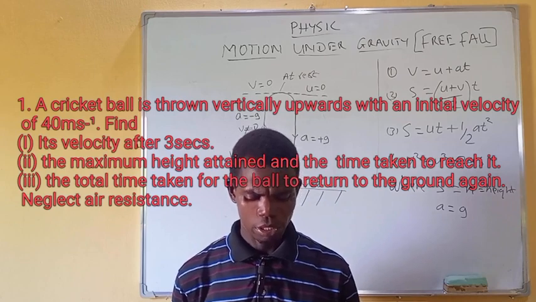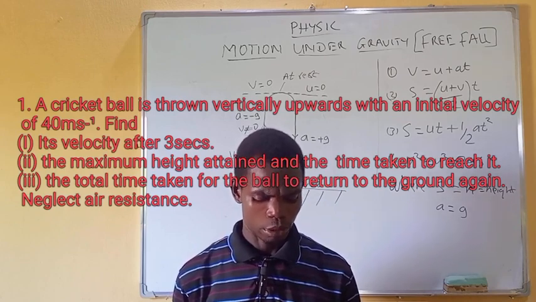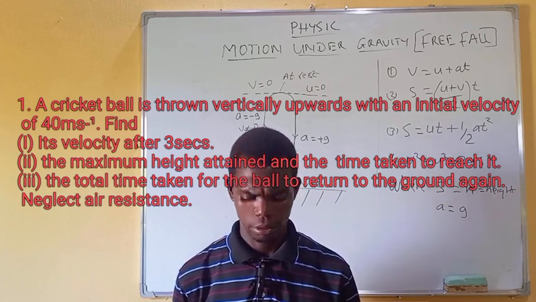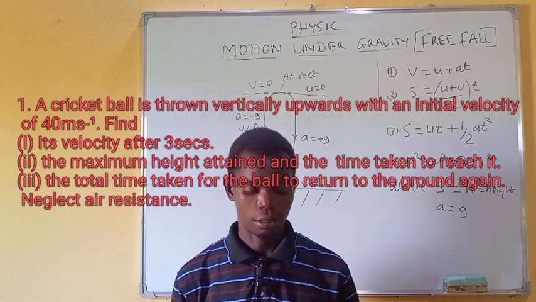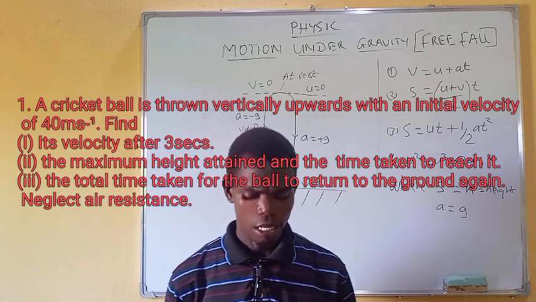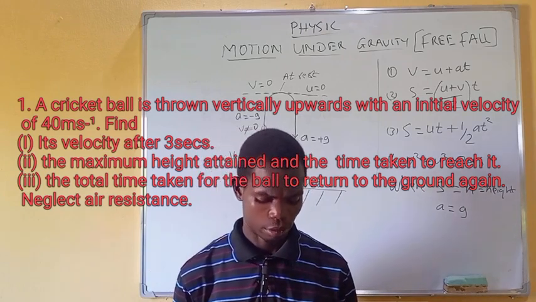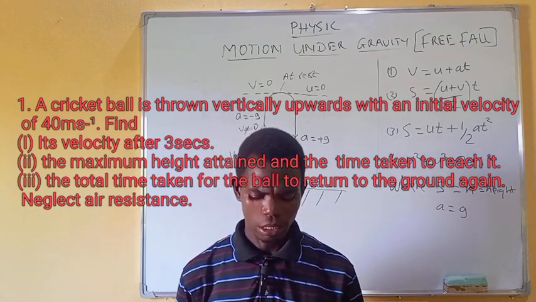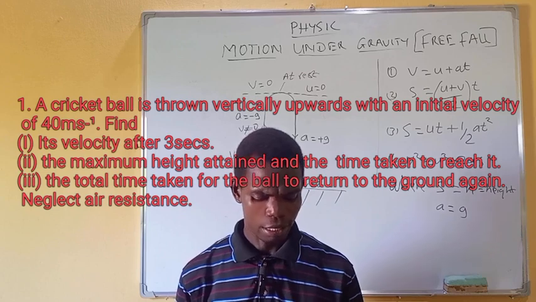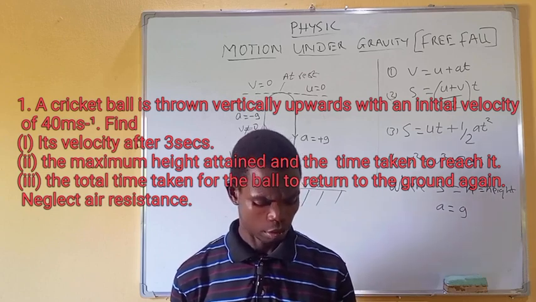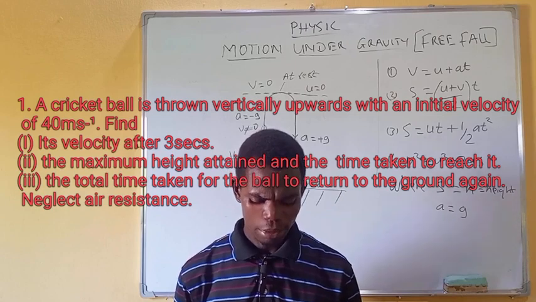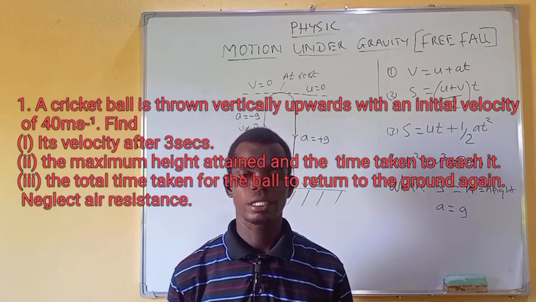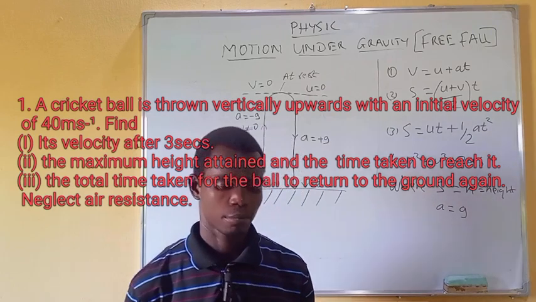A cricket ball is thrown vertically upward with an initial velocity of 40 meters per second. Find 1. The velocity after 3 seconds. 2. The maximum height attained and the time taken to reach it. 3. The total time taken for the ball to return to the ground again. Neglect air resistance.